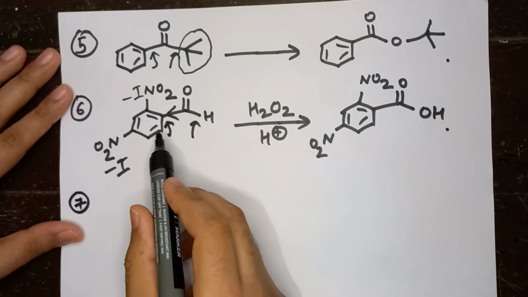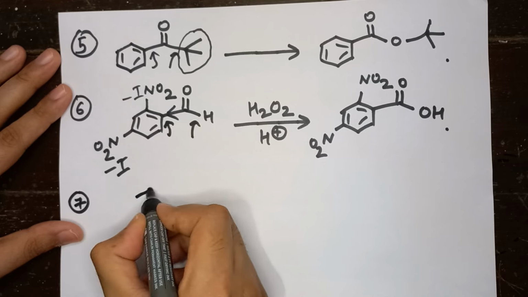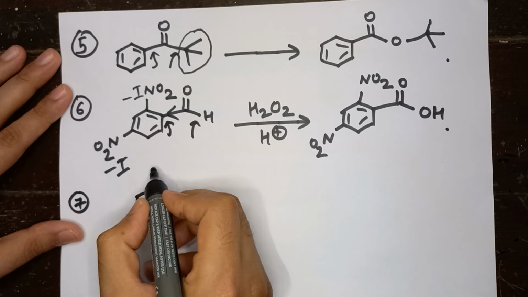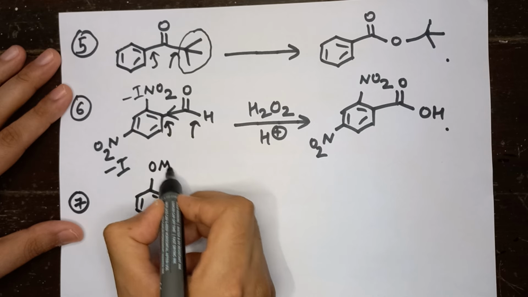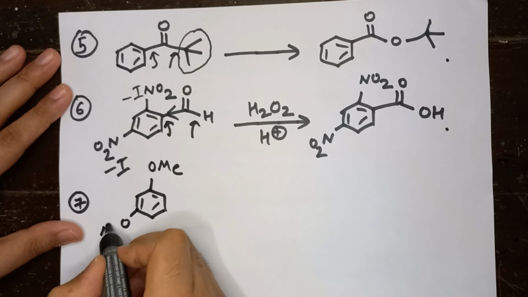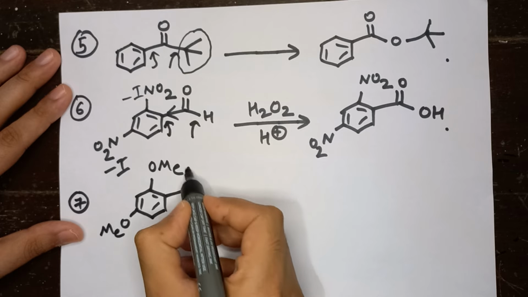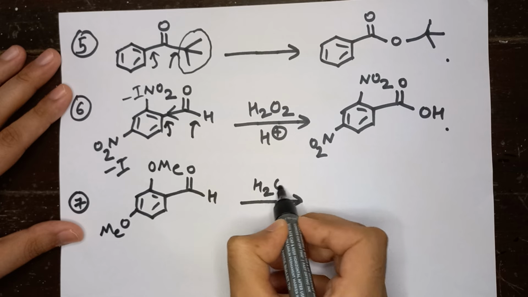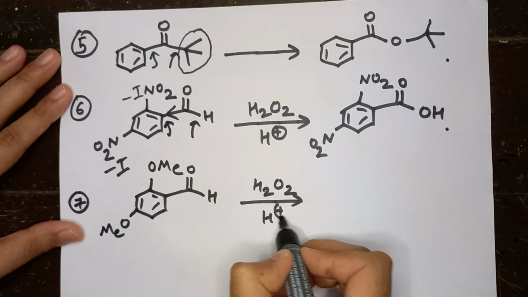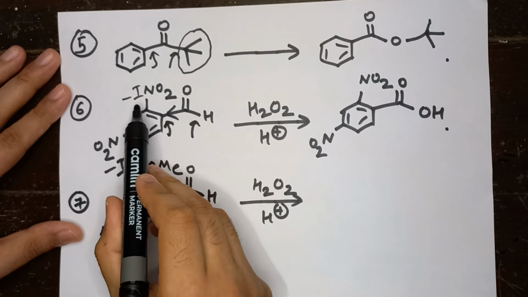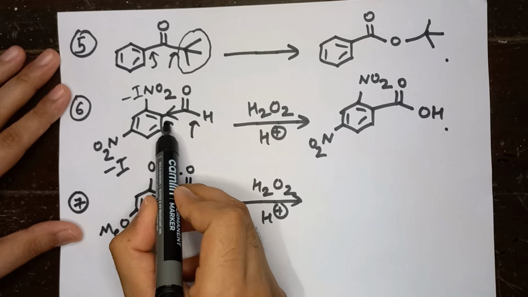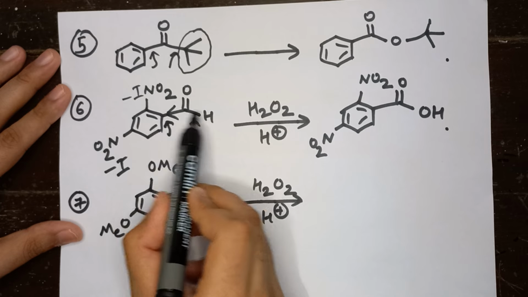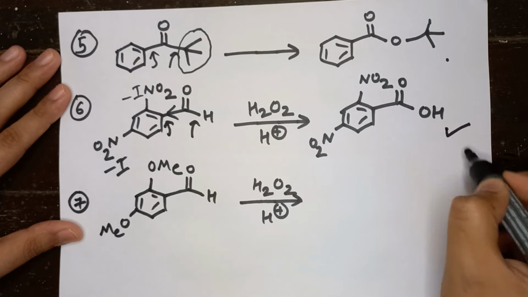To support this, let me give you one more example. Instead of nitro groups, this time I am keeping an electron donating group like OMe, and doing the same reaction. So the nitro group was an electron withdrawing group, that's why electron density at this center was less, so oxygen was inserted in the right side and we got this one.